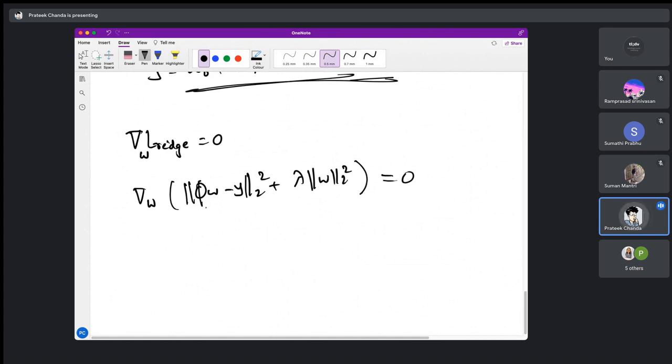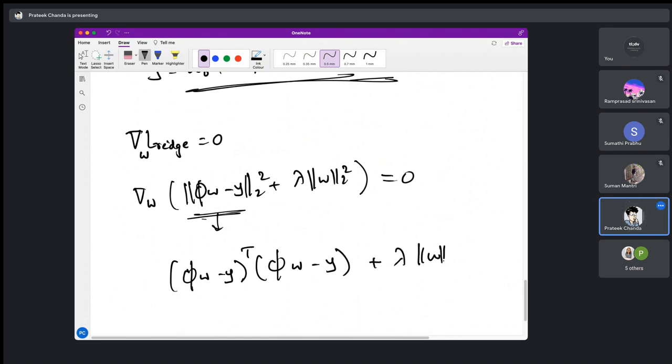Now I want to simplify this expression. If you remember from last week, we can simplify it as follows. It can be simplified as phi transpose phi W minus y, and now we have lambda, and we apply this.